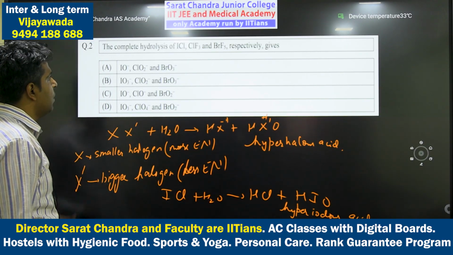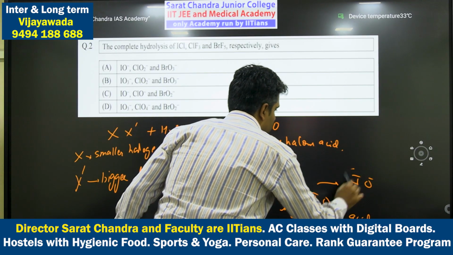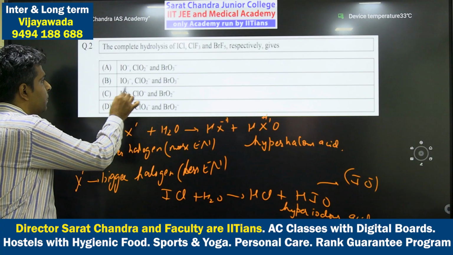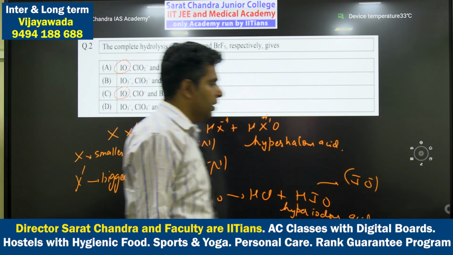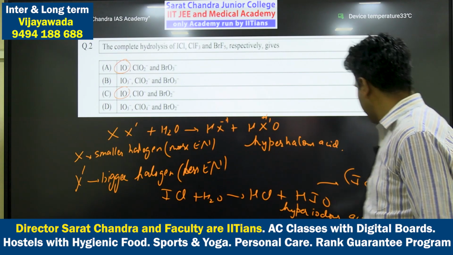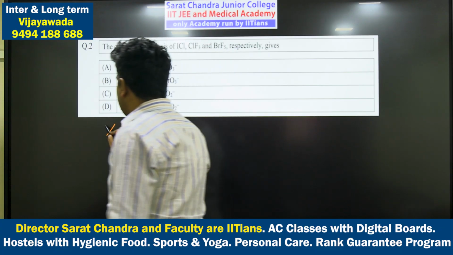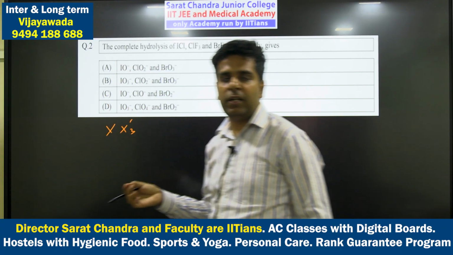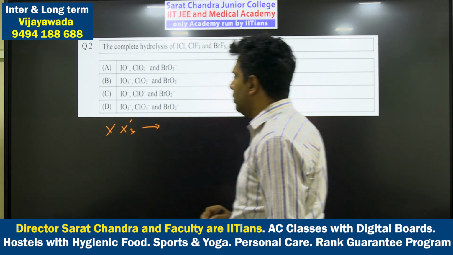The question is asking the ions basically. So hypoiodous acid, the ion is IO minus. So for ICl, the ion formed is IO minus. Now for the second type of interhalogen compounds, of the type XX'3, where X is the more electronegative halogen, that is the smaller halogen, and X' is the bigger halogen.